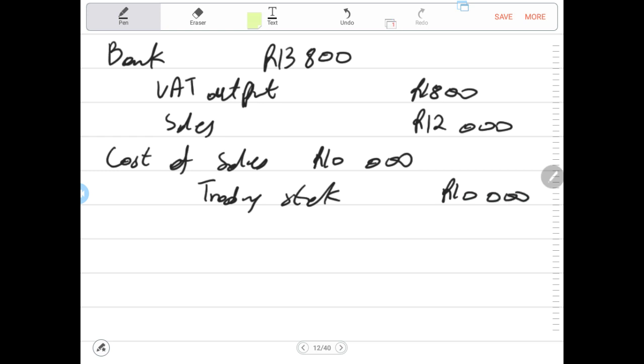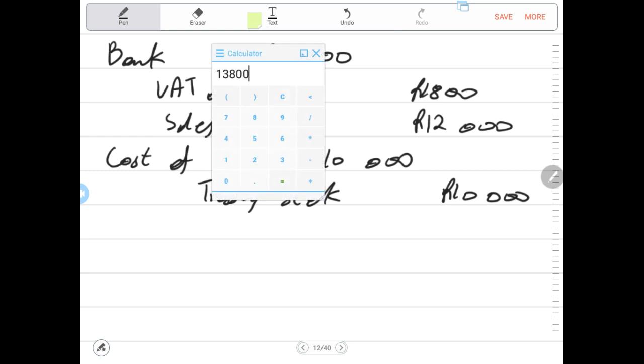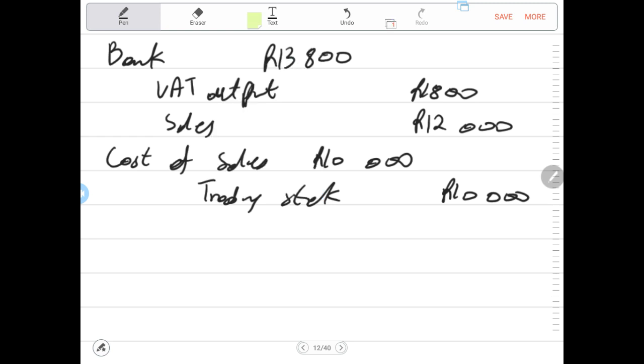We said 100 bags of cement times by the cost per bag. One bag is costing 100 rand. Hope you remember that. We said 115 times by 100 divided by 115. It gave us 100 rand as a cost per bag. I did that calculation previously.